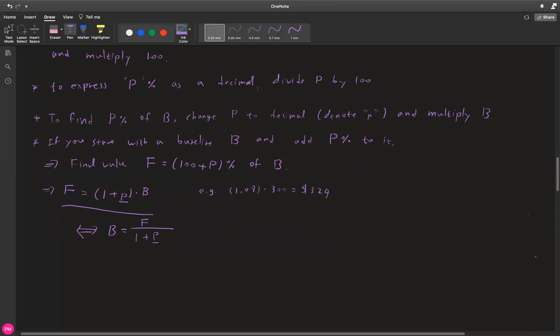This is achieved simply by dividing by 1 plus p on each side.